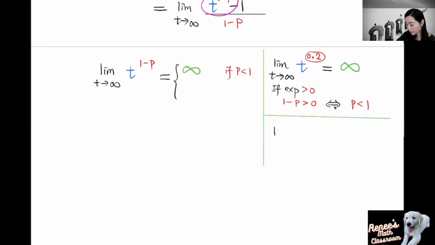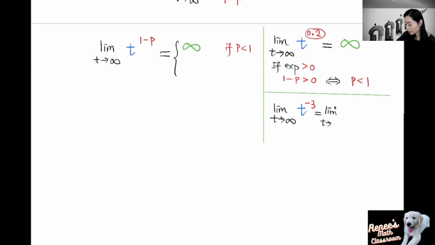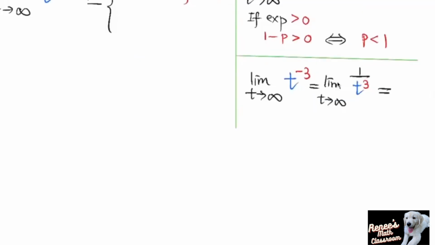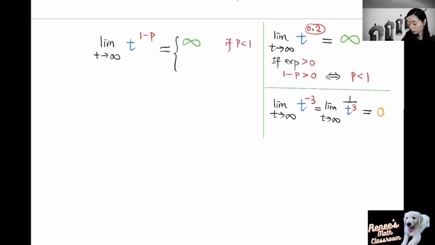Now what happens when you have the limit as t goes to infinity of, say, t to the negative third power? t to the negative third power is 1 over t to the third power, right? So when t goes to infinity, t to the third power also goes to infinity, so this whole thing, the limit, is going to go to 0, which is a finite number.